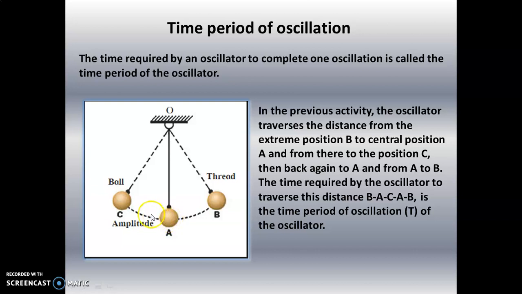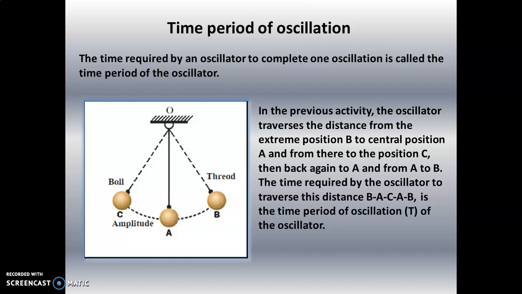From A, it goes to C. Then from C, it comes back to A. Then from A, it goes to B. And then when it again comes back to A, that is the time required by the oscillator to traverse the distance from B to A to C to A to B. Over here one oscillation is completed.